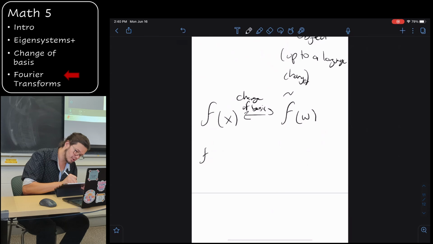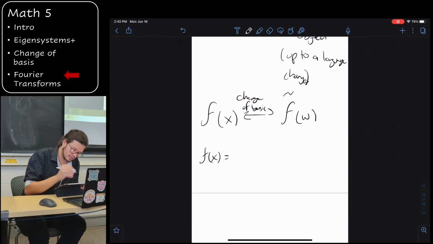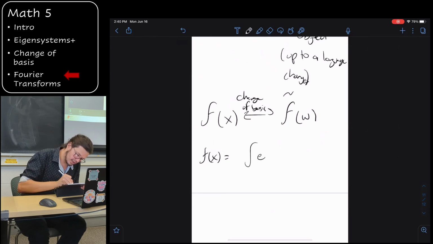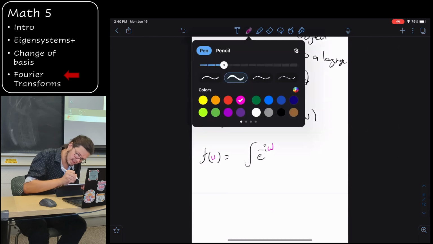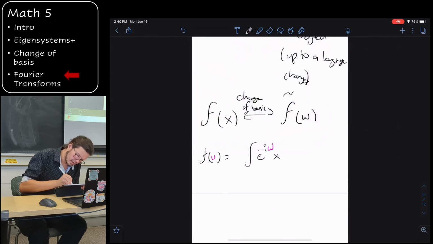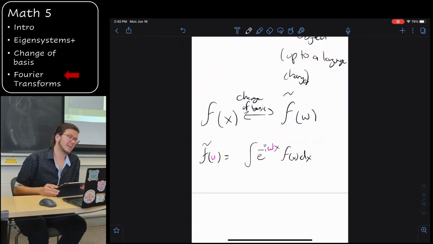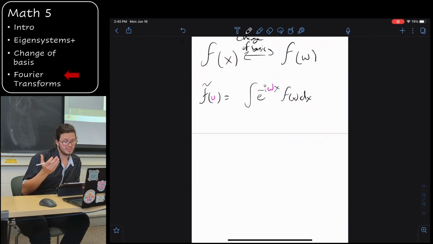And the relationship between these two objects is f tilde of omega is equal to, some people divide by the square root of 2 pi, those are details, really doesn't matter, the integral of e to the minus i omega x, f of x dx. Now, we haven't talked about complex numbers yet, and that's what we're going to do on Wednesday. So I ask you to be a bit patient with me.